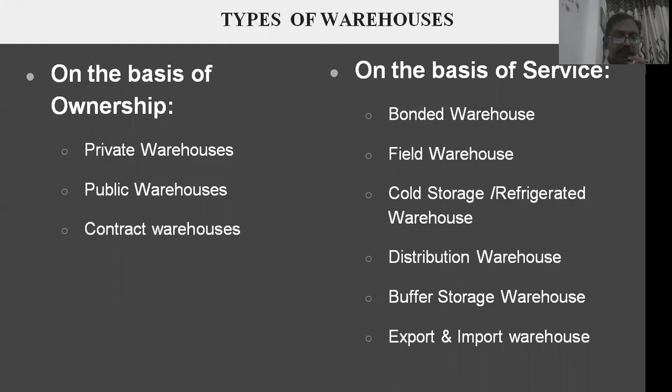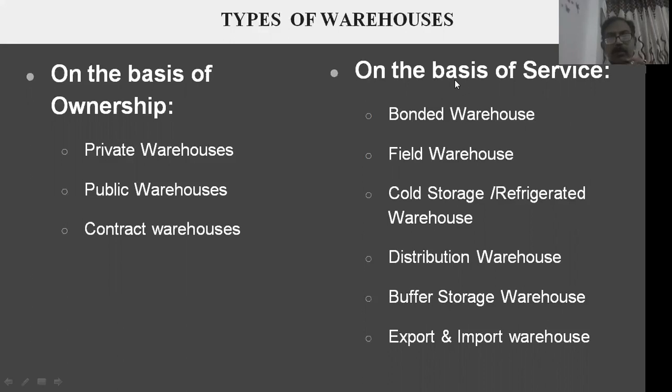Public warehouses are those where the warehouse can be owned by some other entity and is used by anybody by paying the rental. Contract warehouses are those where there is a written contract signed by the user and the owner. So this is on the basis of ownership.